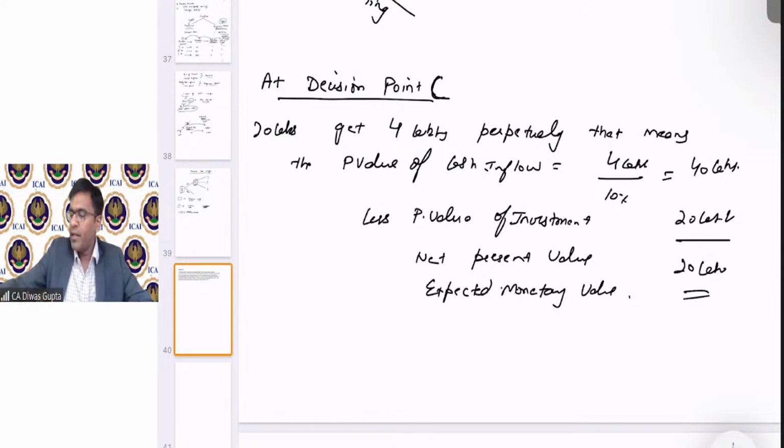I hope this is clear. So perpetually, if you're getting 4 lakhs and your discounting rate is 10%, that means you can accumulate 40 lakh rupees. The right value to put as of now is 40 lakh rupees. So 40 lakh rupees is your cash inflow. Against that, 20 lakhs you are spending. So that means net 20 lakh rupees you are still able to save, which is called the expected monetary value.